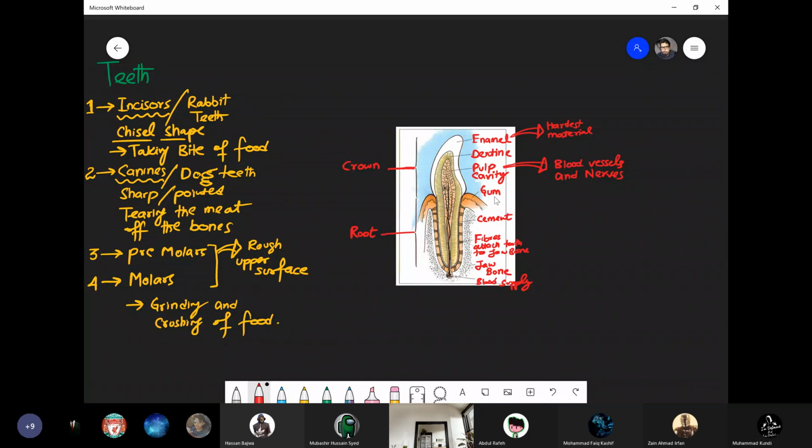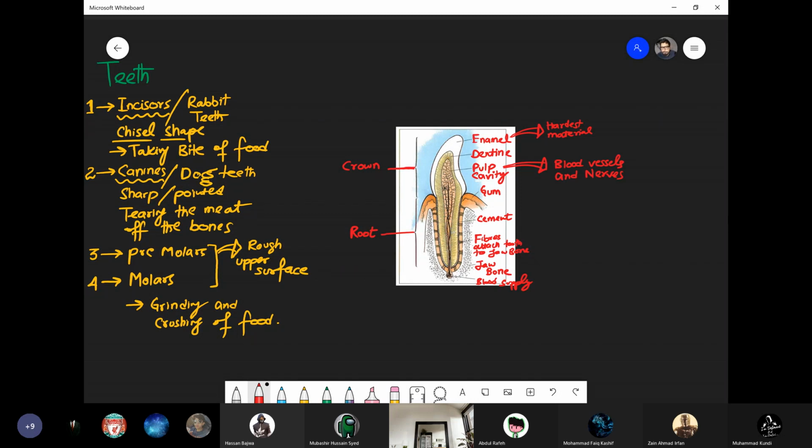Then this is the gum. And then the tooth is attached to the jawbone with the help of cement and fibers. Then this over here is the jawbone, and this over here is the blood supply of the teeth.